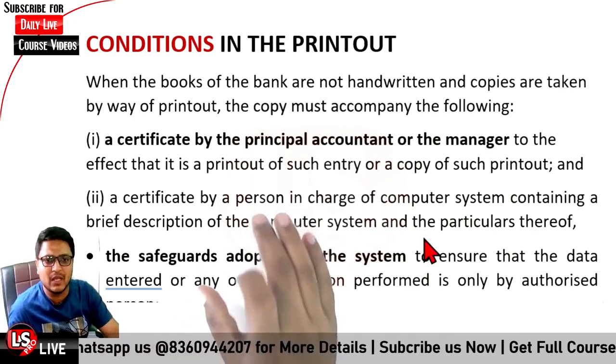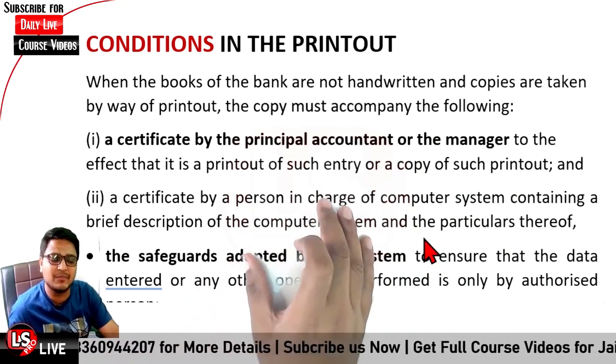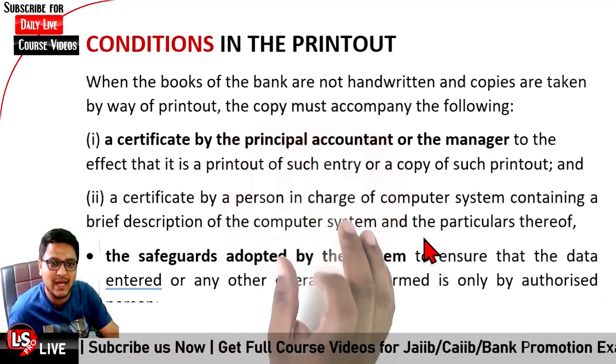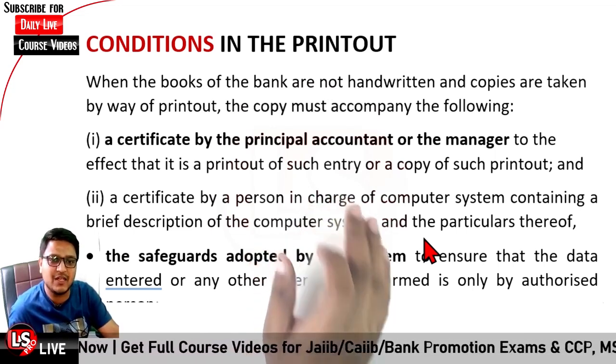So whenever a printout is to be presented as evidence, a certificate is to be obtained.